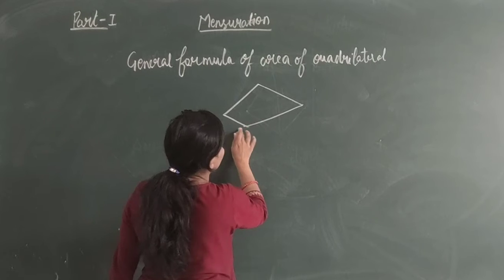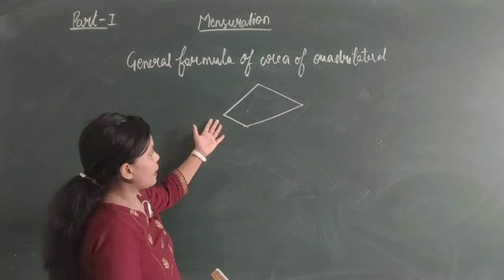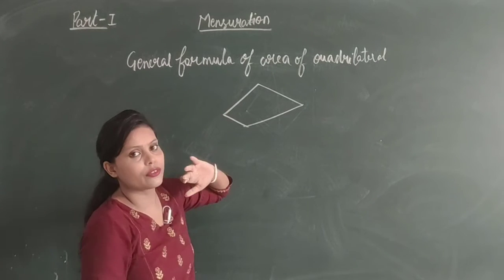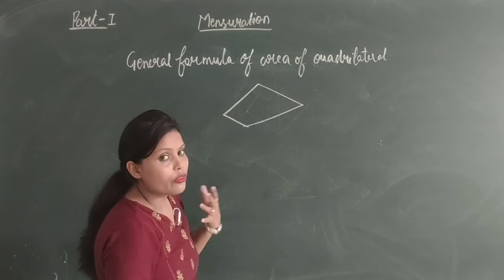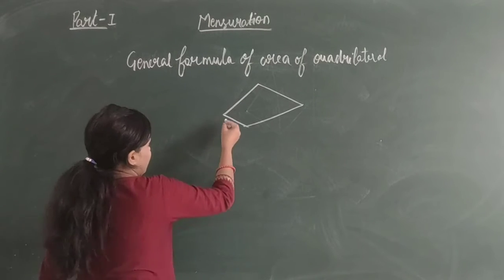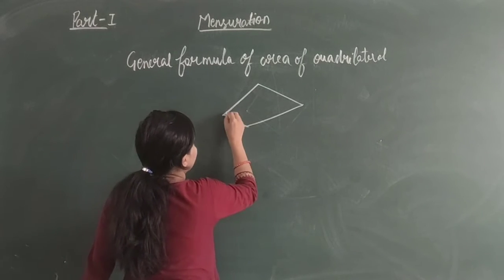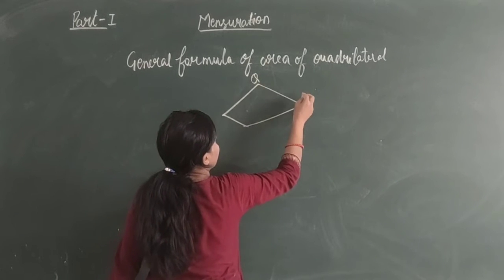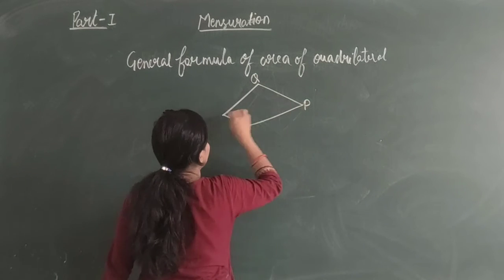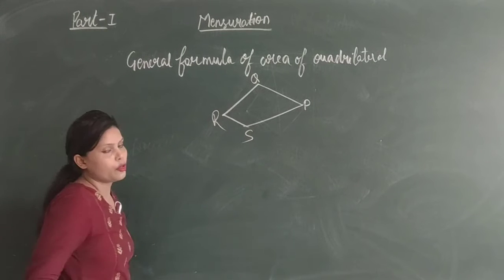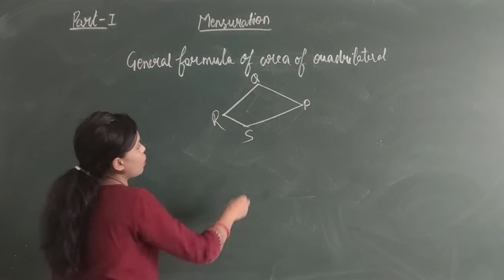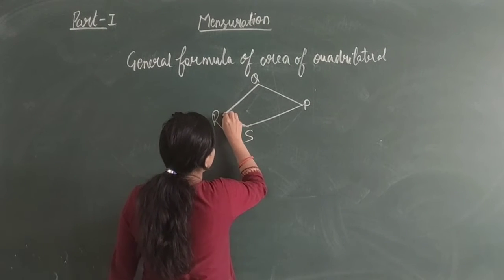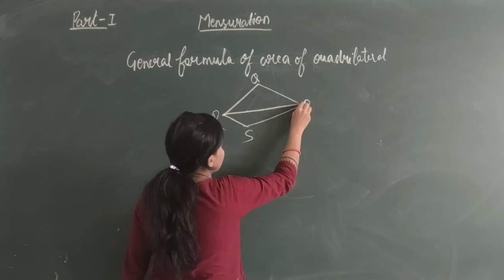This is not a trapezium, not a rectangle, not a square, not even a rhombus. So how will we find the area? Suppose this is the name of the quadrilateral. We will divide it into two parts by the diagonal.